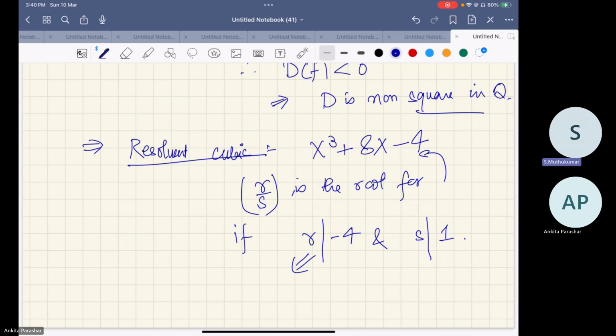Here r is equal to plus or minus 1, plus or minus 2, plus or minus 4. S has to be 1, right? Well, it depends, I think.